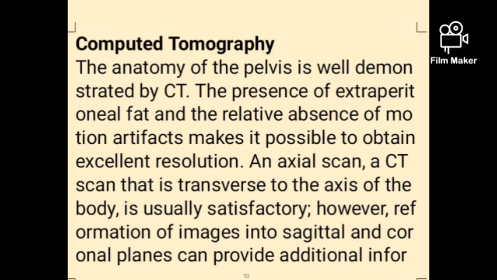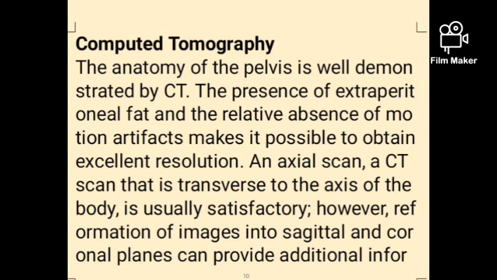Next is computed tomography. This is another imaging modality that enables you to appreciate the anatomy of the pelvis. The anatomy of the pelvis is well demonstrated by CT, that's the computed tomography. You must know that the presence of extraperitoneal fat and the relative absence of motion artifacts makes it possible to have excellent resolution with CT.